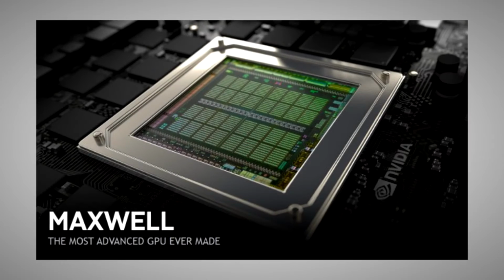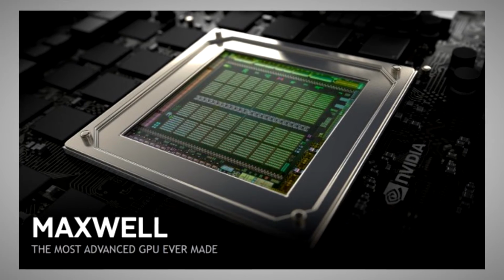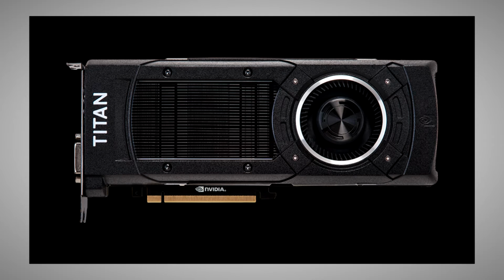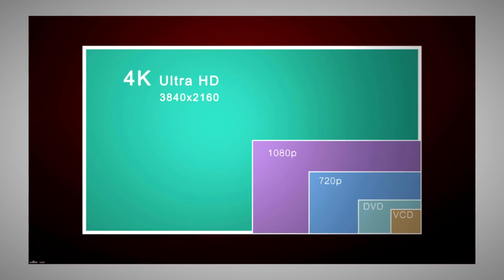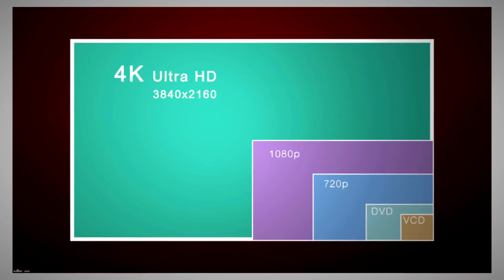But of course that doesn't mean anything if you have one of these amazing Maxwell architecture enthusiast gaming graphics cards like the GTX 980 Ti or the Titan X. But seriously, this is 4K we're talking about. The graphics card has to render an image twice as large as a Full HD image. Not that easy.